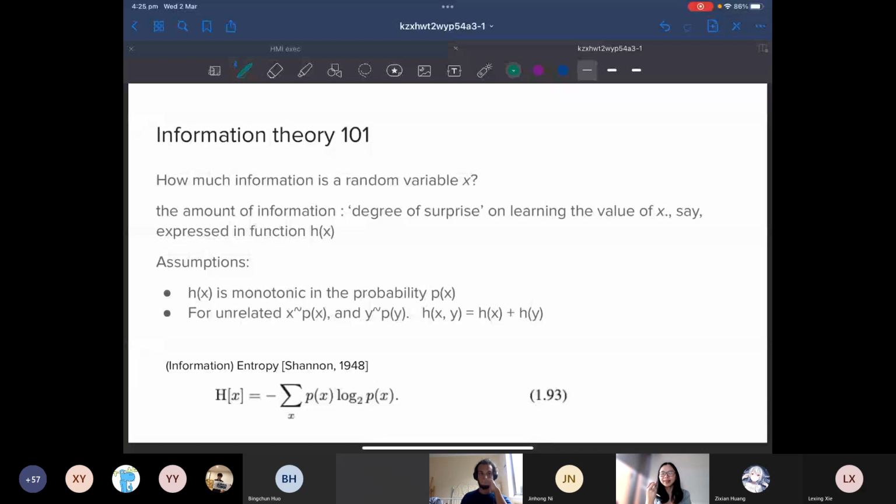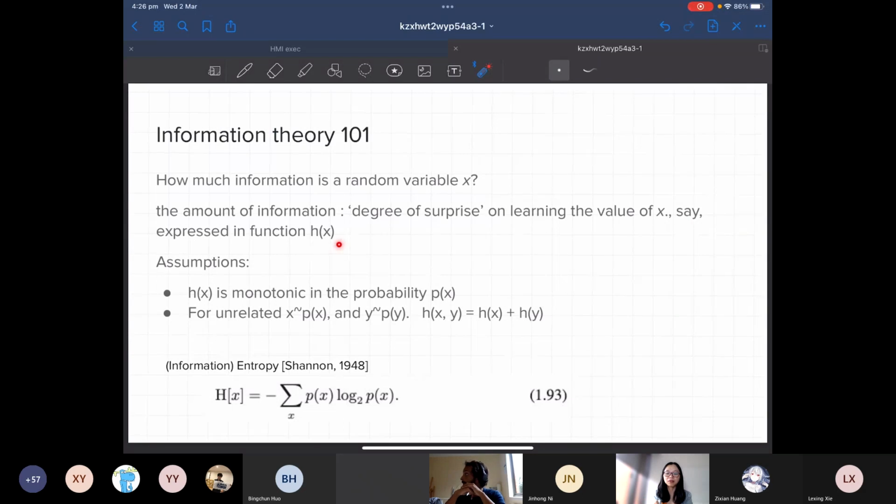The beauty of information theory is that there is this deeply philosophical question about how much information is in a random variable X. Information theory started from Claude Shannon, who derived this and published it in 1948. Intuitively, it quantifies the degree of surprise on learning the value of random variable X.